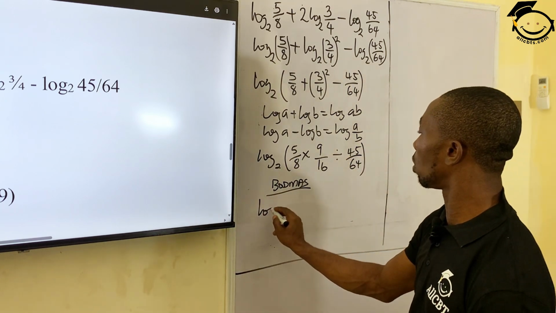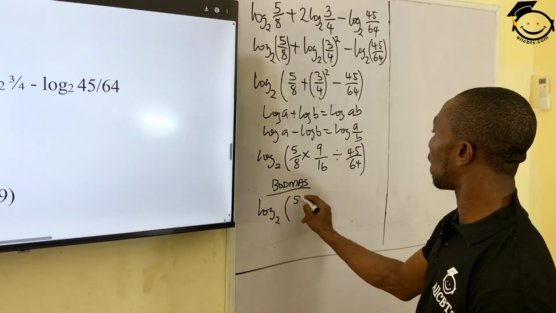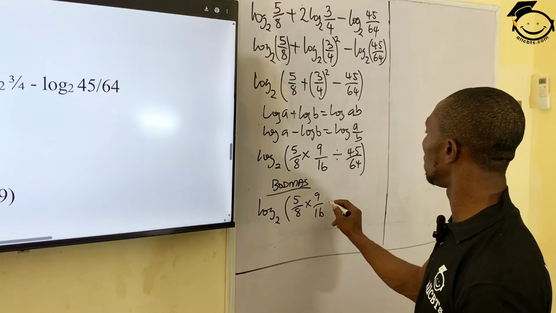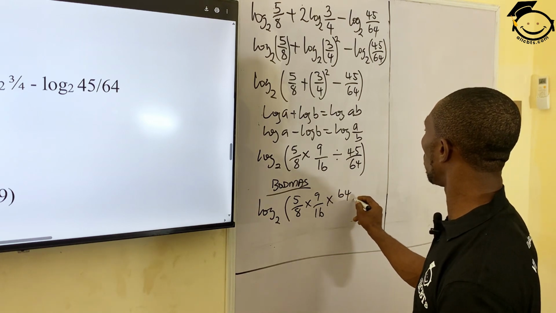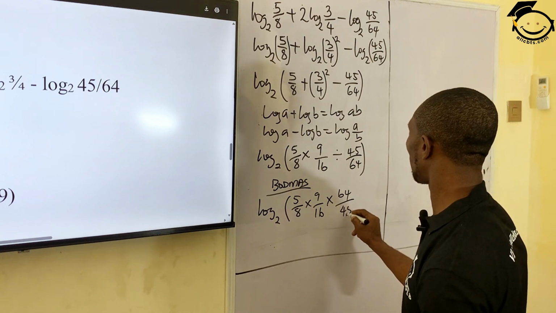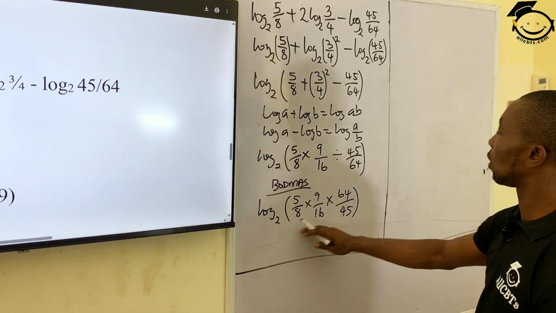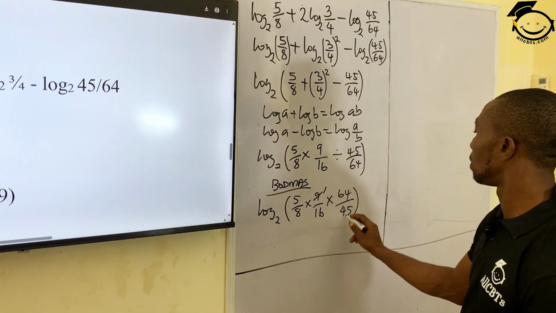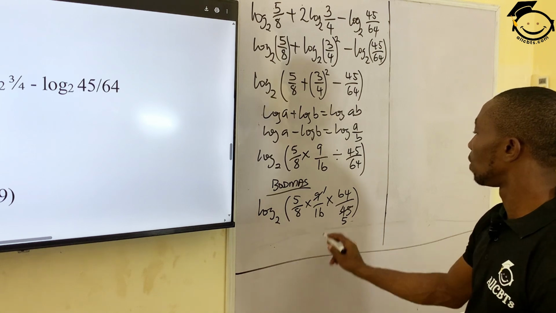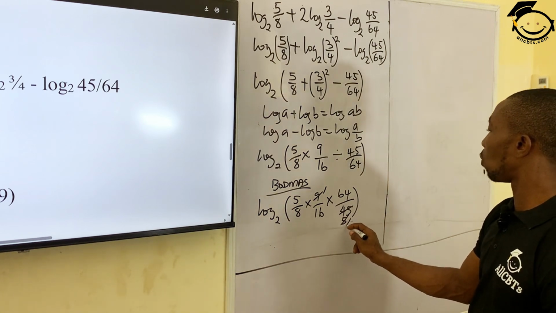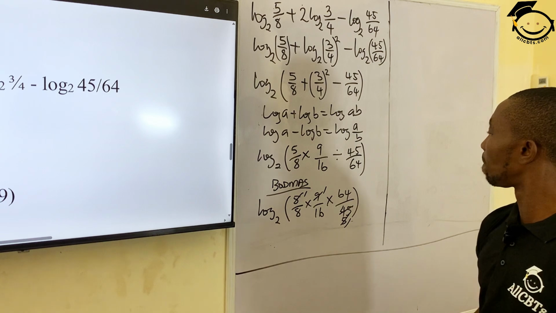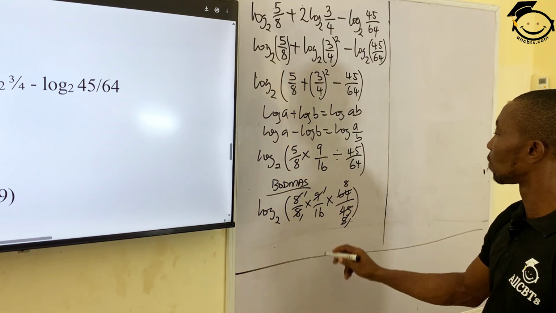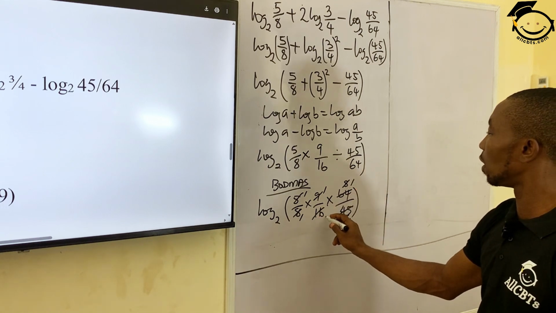So this will become log_2 of 5 over 8 times 9 over 16 times 64 over 45. Since we have only multiplication, let's cancel out. 9 here, 1; 9 here, 5. 5 here, 1; 5 here, 1. 8 here, 1; 8 here, 8. 8 here, 1; 8 here, 2.